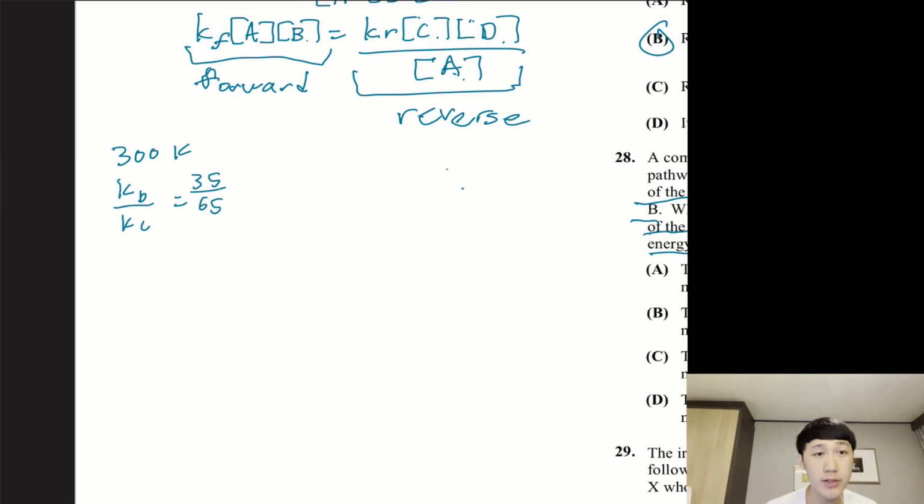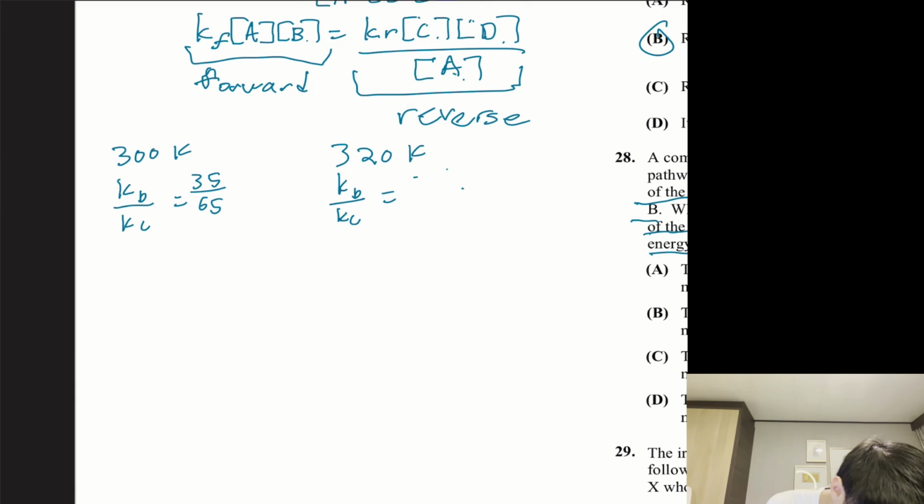Because if we imagine that 35% of the product forms B and 65% forms C, this is like a race to figure out whether A becomes B or C, and the relative values of the rate constants will tell you the relative proportions of how much B and C form. So then at 320 Kelvin, we have Kb over Kc by the same logic is going to equal 70 over 30.